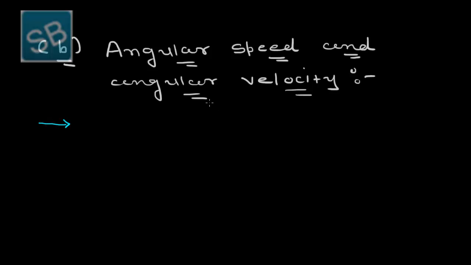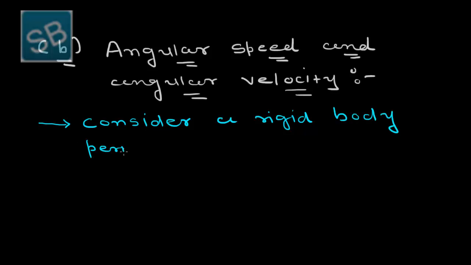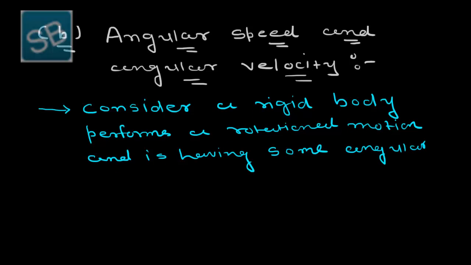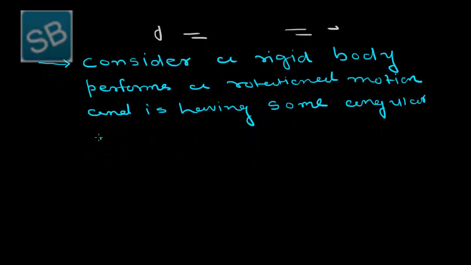For finding these two relations, I consider over here that a rigid body performs a rotational motion and has some angular displacement, because as it performs the rotational motion, there will be some displacement.